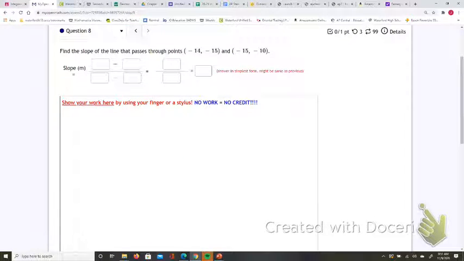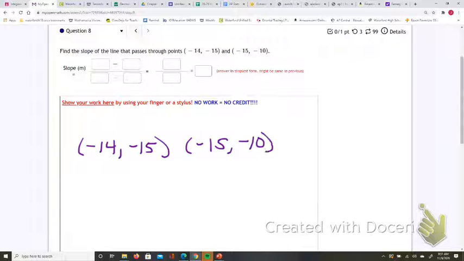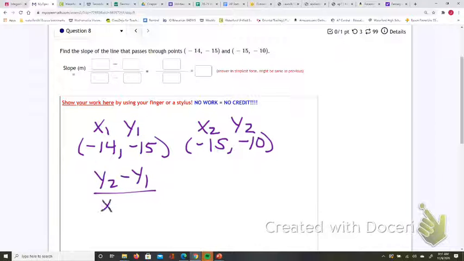Okay, so the first step, again, is to write the 2 points. So we have negative 14, negative 15, and negative 15, negative 10. And then we label them x1, y1, x2, y2. Then we write y2 minus y1 over x2 minus x1.